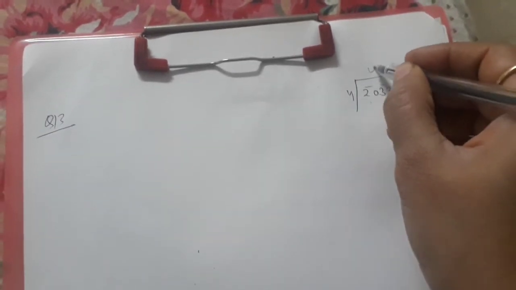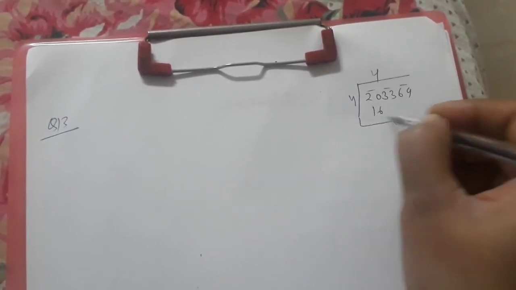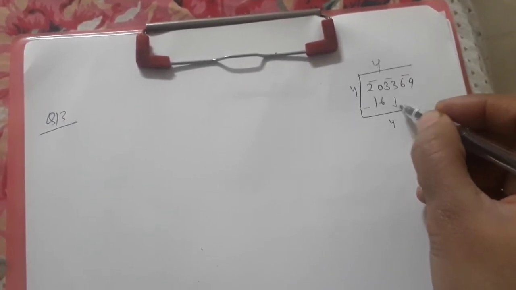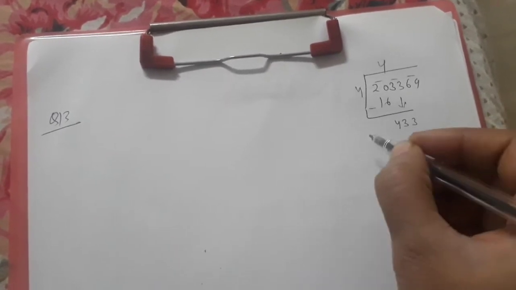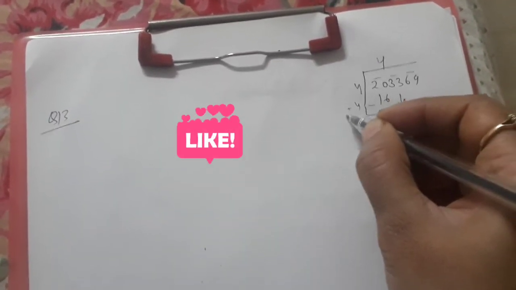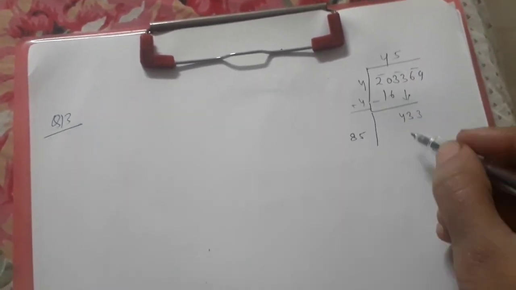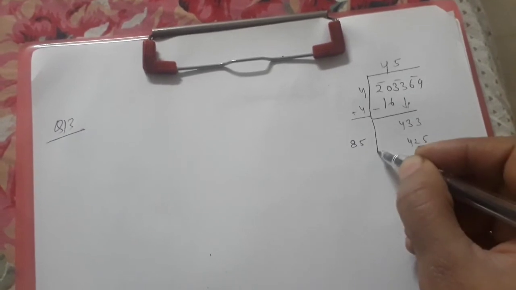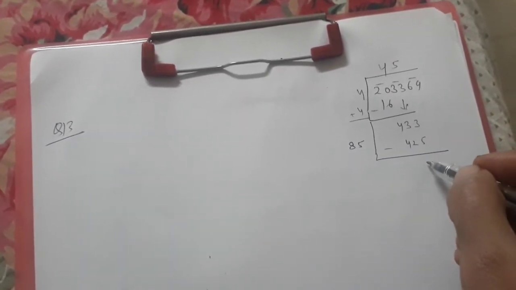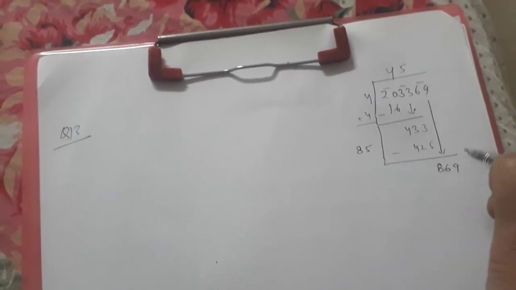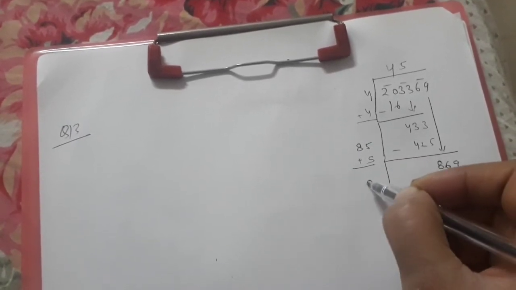It will go with 4 only. 16 subtracted, the answer would be 4, and bringing down the whole pair, 4 plus 4 is 8, and it will go by 5 only. 5 times 85 is 425. Again we subtract it, we get 8, then 69. Here 5 will be added, so it will become 90, then 901.